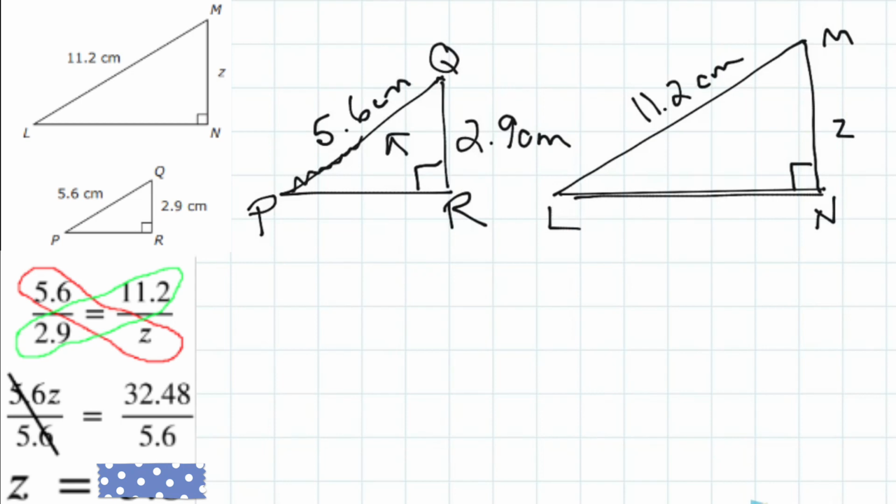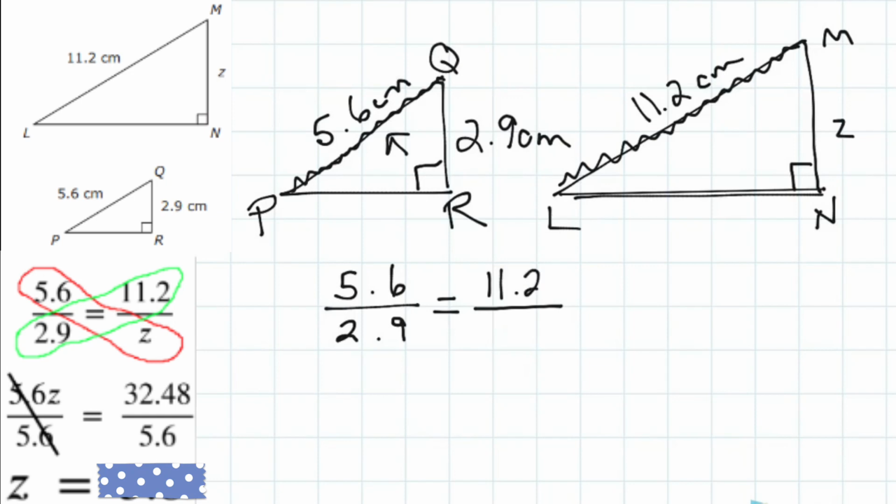So if we do 5.6 centimeters as the hypotenuse of the smaller triangle, and compare it to 2.9 centimeters, the other side length, we would make a proportion that would be equivalent to 11.2 centimeters, the hypotenuse, and then the unknown side Z. All right, so we have the two hypotenuses across from each other, and then we have the two heights across from each other, the Z being the unknown.